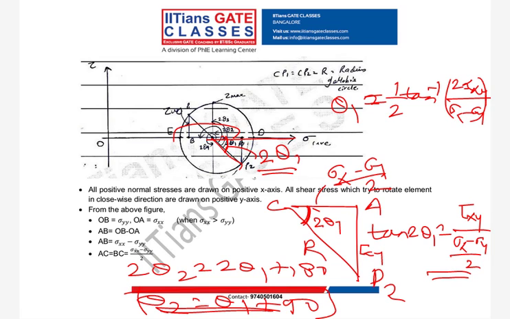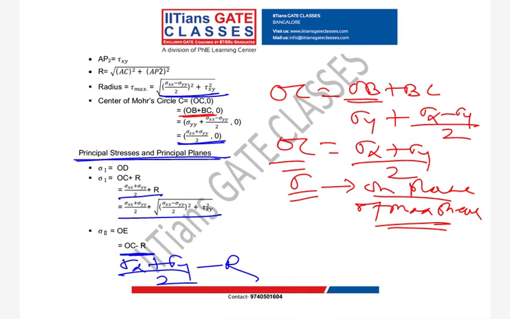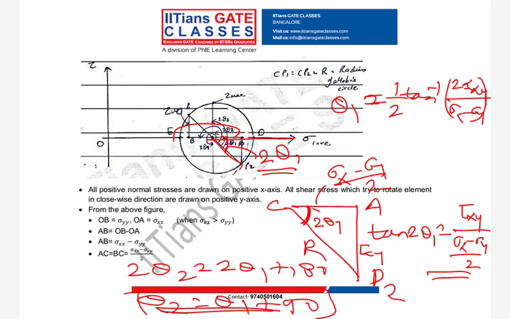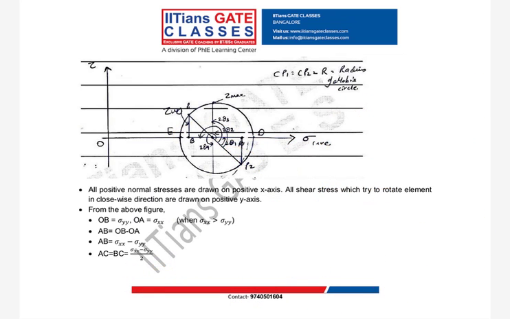Next is maximum shear stress, right? Maximum shear stress is nothing but the radius. Now again, my angle will be measured from this reference. You can see this angle is 2 theta 1, and this is 90 degrees, right? So my 2 theta 3 is 2 theta 1 plus 90 degrees.